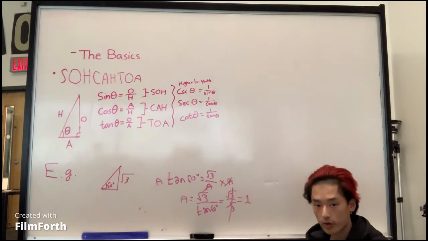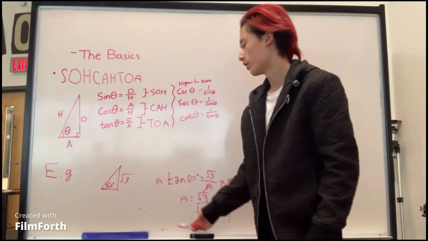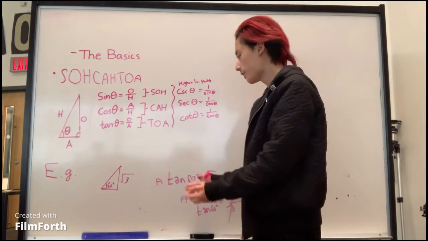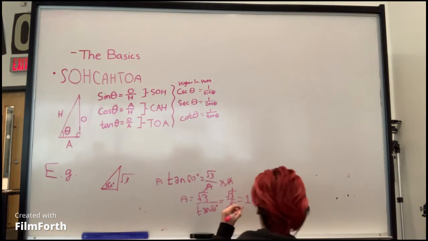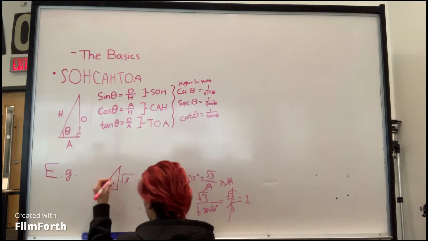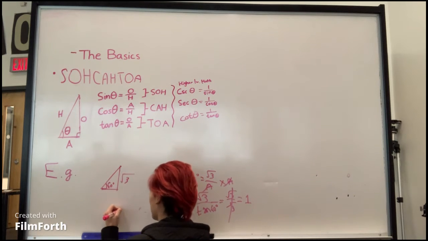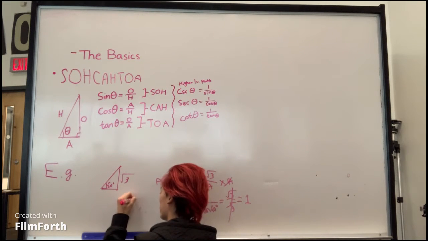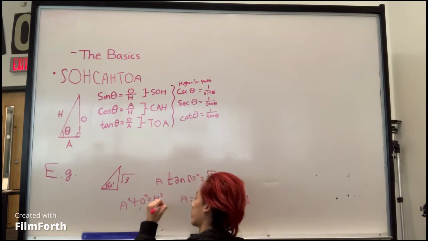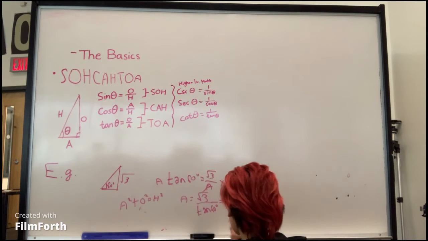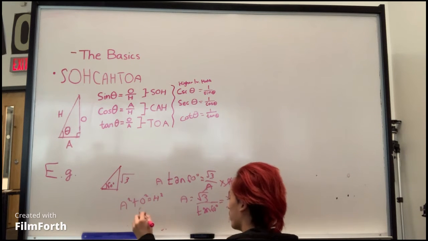Now, there are two ways of going about solving for the hypotenuse. For starters, we can use the Pythagorean theorem. Recall that the Pythagorean theorem, in terms of trigonometry, is the adjacent side squared plus the opposite side squared, which gives you the hypotenuse squared. We just solved for the adjacent side, which is 1.